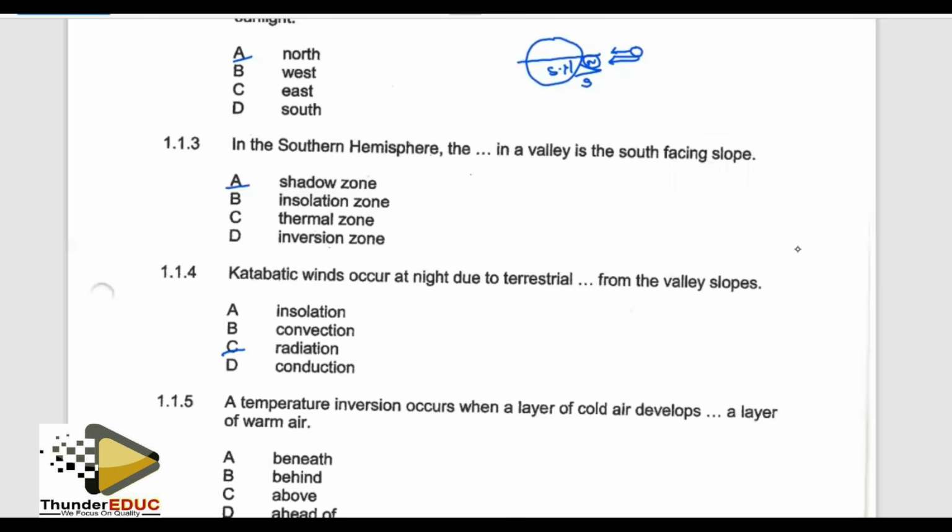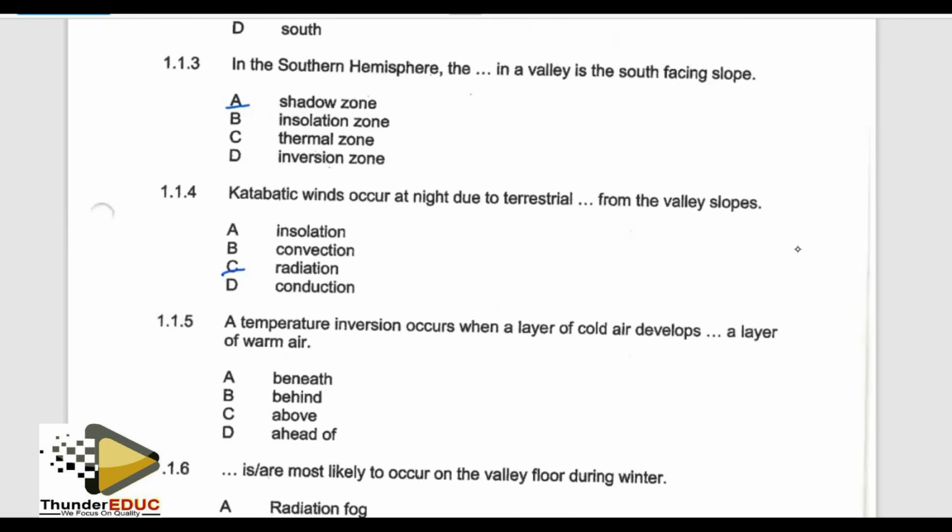Number 5, a temperature inversion occurs when a layer of cold air develops a layer of warm air. All of us know, whenever we talk about inversion, that is a point where temperatures increase with height. So a layer of cold air develops beneath a layer of warm air.